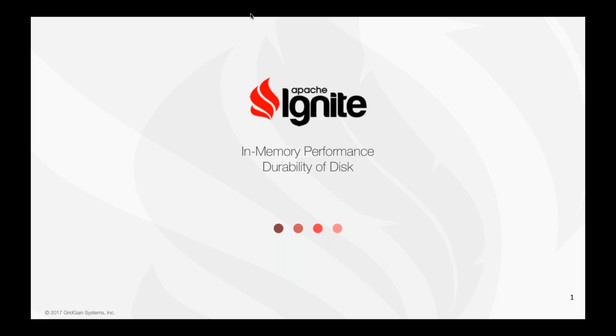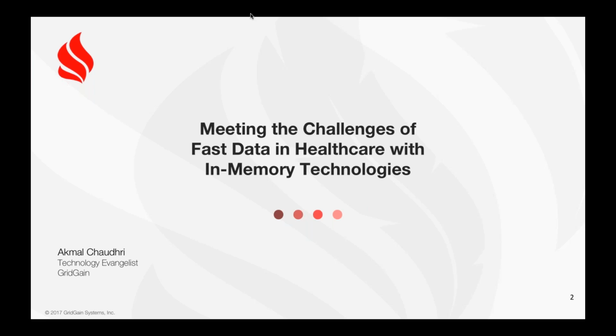Let's get going. The focus of our webinar today is meeting the challenges of fast data in healthcare with in-memory technologies. We'll focus on some of the characteristics and needs of healthcare today, and some of the technology requirements.